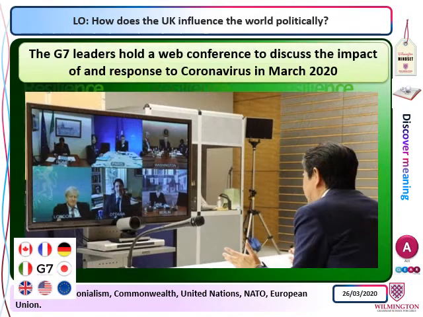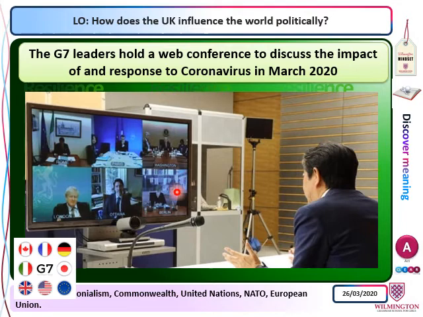Okay, well, here's an example of when the G7 leaders held a web conference earlier this month to discuss the approach to the coronavirus. And here's Shinzo Abe, the Japanese Prime Minister, who's talking to the other six, because that's 6 people plus him, which is 7.